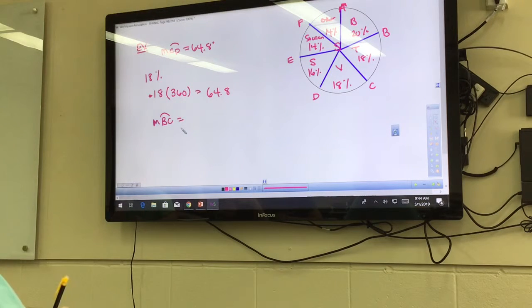So B to C has 64.8 degrees. So 64.8 degrees represents how much of that circle is engaged in track and field, or volleyball, whichever one you want. 26. Or 30.